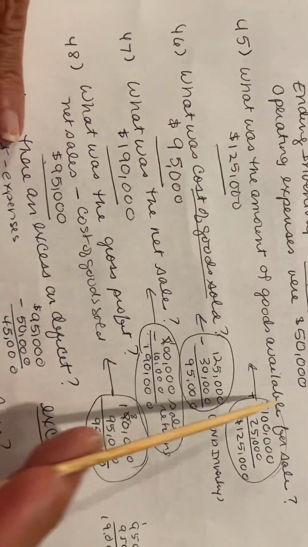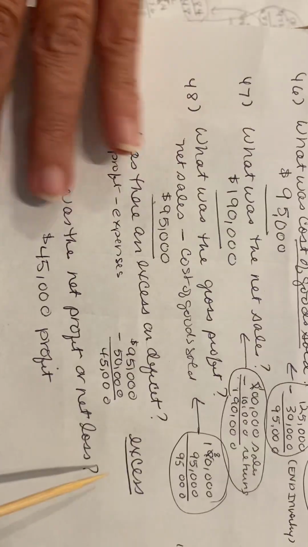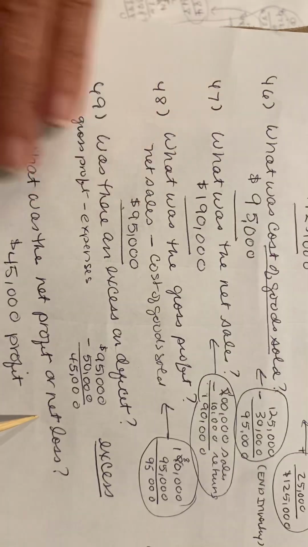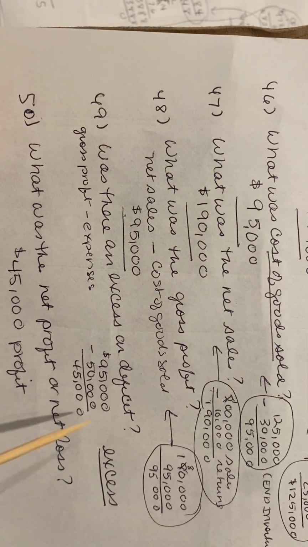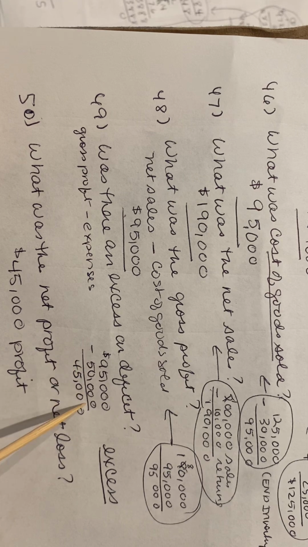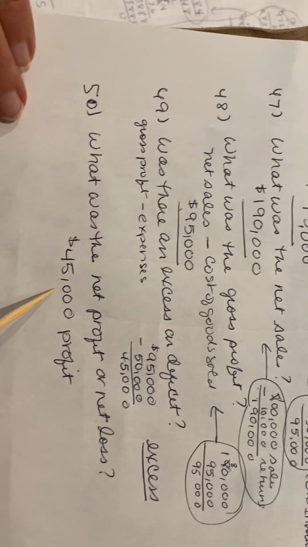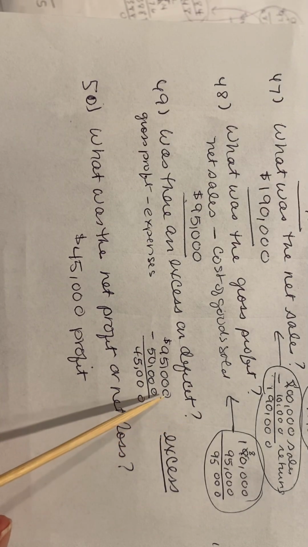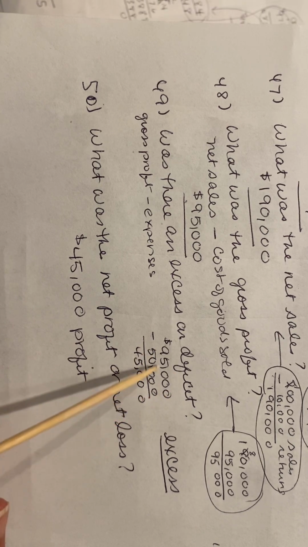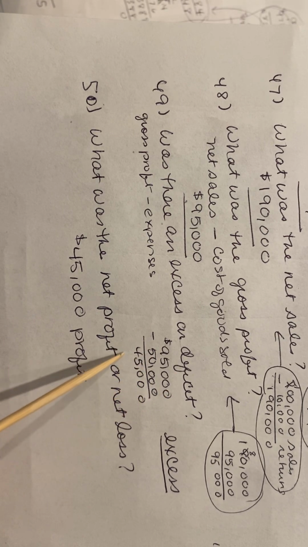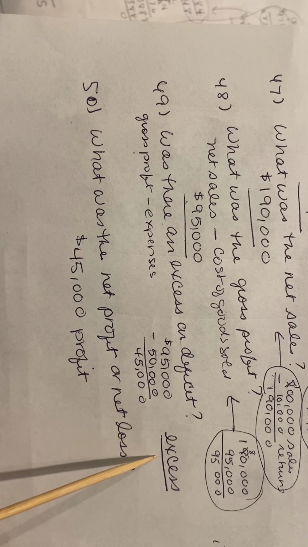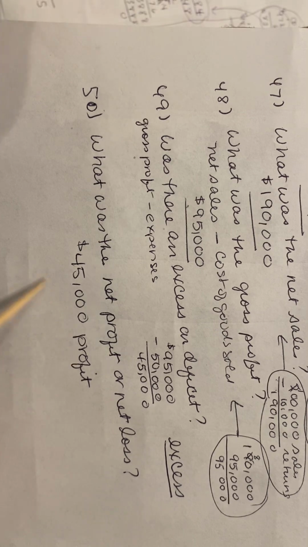If we take that off 95, do we have an excess? You have to take 95,000 minus 50,000. That's your expenses, and you'll get 45,000. This is our gross profit, but we have to take off our expenses. And so we made 45,000. 45,000 profit would be our excess.